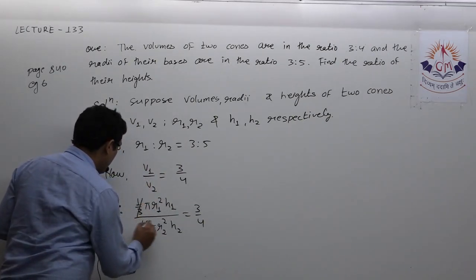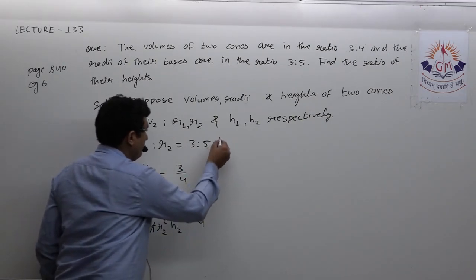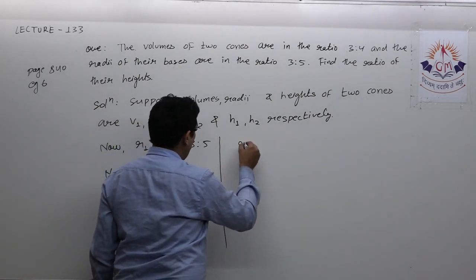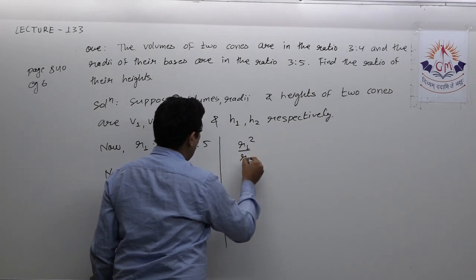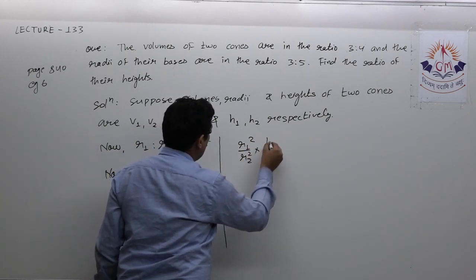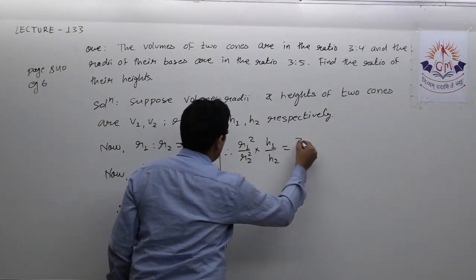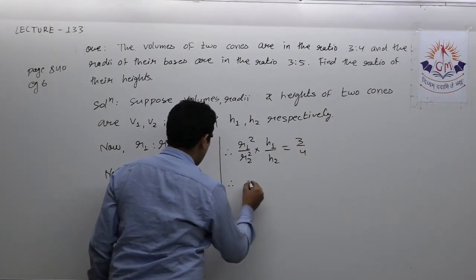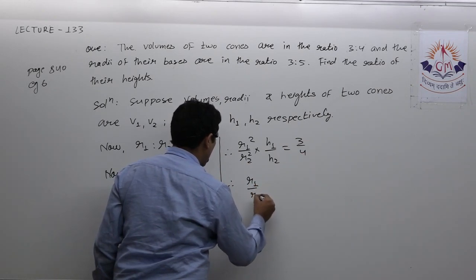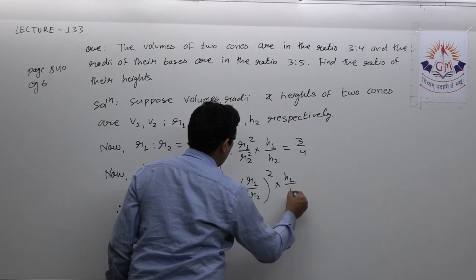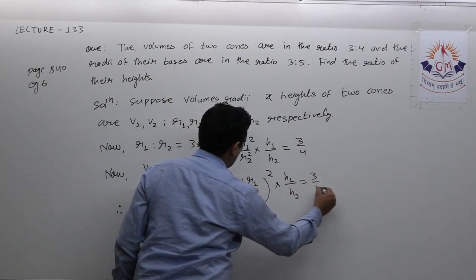So this 1 by 3 pi cancels. Here I have r1 square upon r2 square into h1 upon h2 is equal to 3 upon 4. This I can write as r1 upon r2 whole square into h1 upon h2 is equal to 3 upon 4.